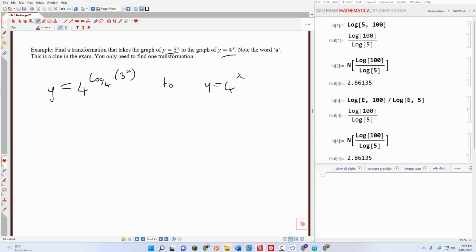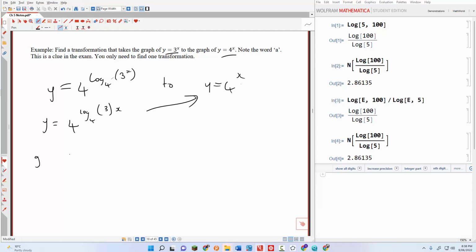All right, so same as last time, what we're going to do is grab that x and shove that there, and then I'm just going to change the order so that x is second. y equals 4 log 4 3x to this. All right, and you can see, to turn this into this, what I'd have to do is sub in x over this amount here.